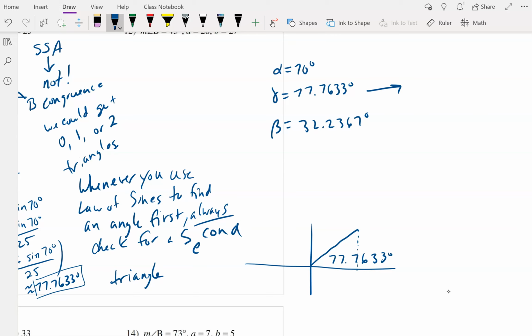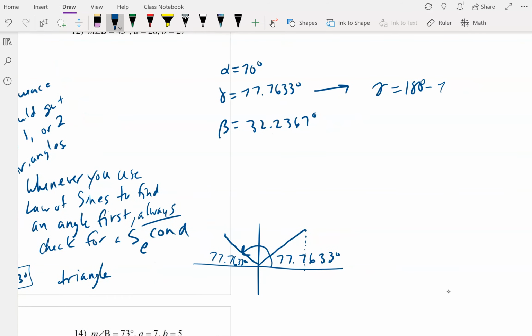There's a quadrant 2 angle over here that has a reference angle of 77.7633 degrees. To find this one, I would need to subtract from 180. This is how we check for a second triangle. You take your gamma and see if 180 minus 77.7633 will work.